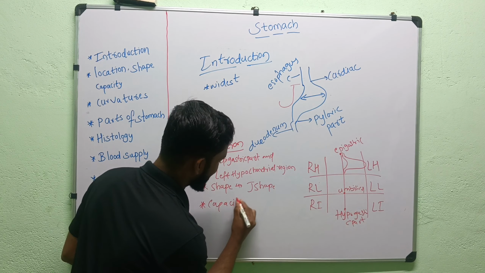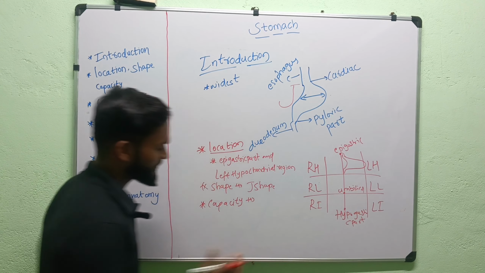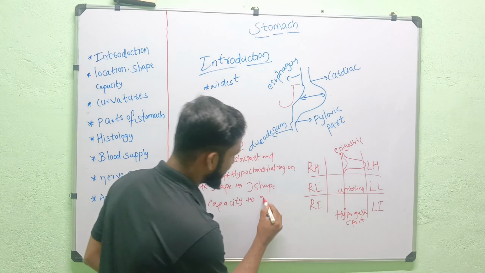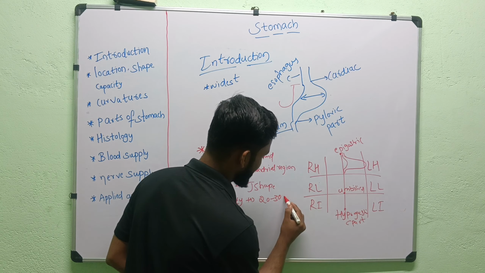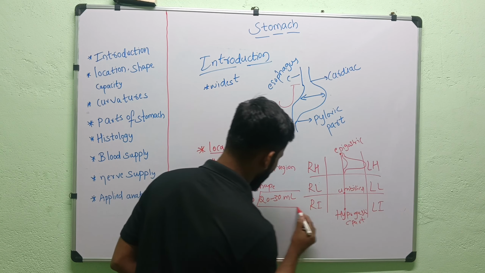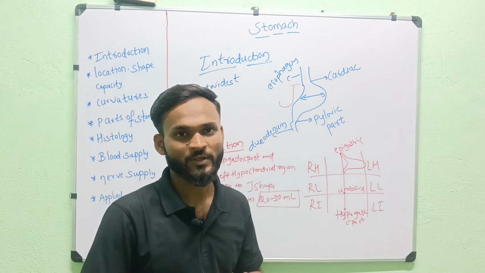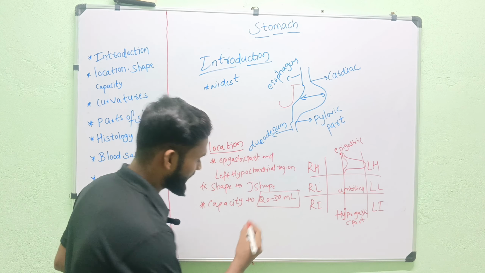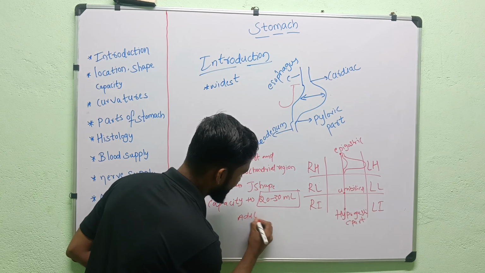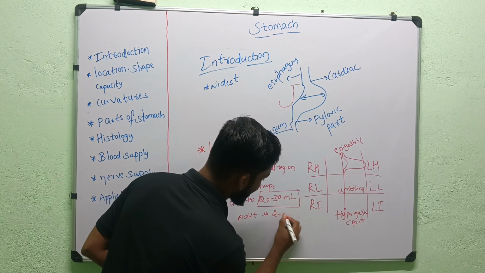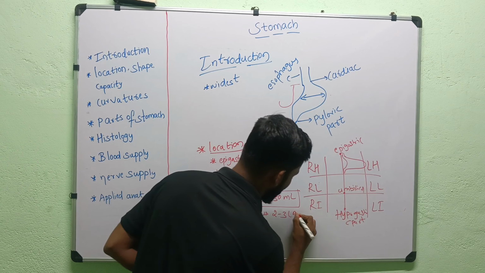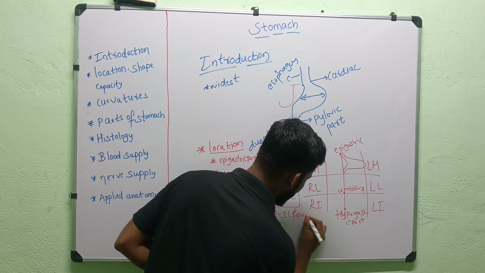Capacity of the stomach. The newborn stomach can hold only 20 to 30 ml of milk, but the adult stomach can hold up to 2 to 3 liters of food or liquid.